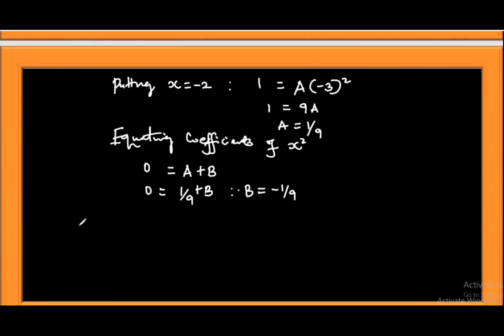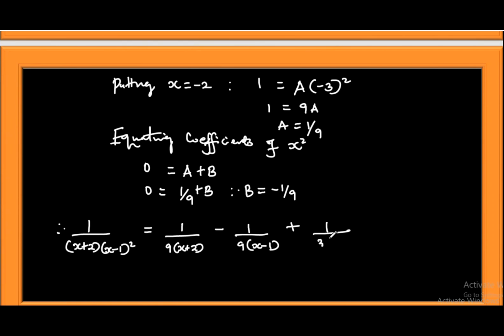We can therefore say that 1 out of (x plus 2) into brackets (x minus 1) all squared is going to be equal to 1/9 into (x plus 2), minus 1/9, because we have (x minus 1), and then finally 1/3 into brackets (x minus 1) squared.